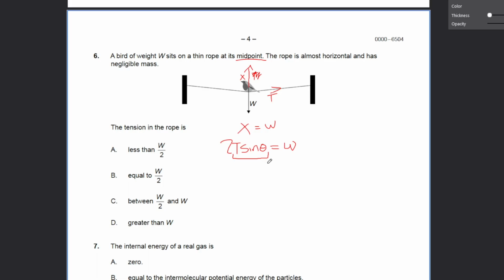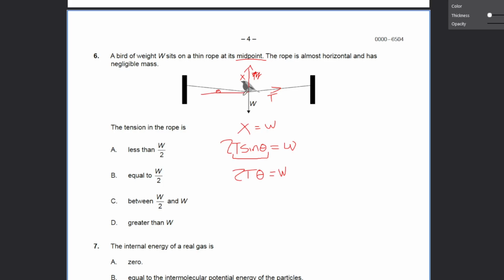Now, for small angles, sine of theta is equal to theta, in radians that is. So I can say that 2T theta is equal to W. W is weight. So let's consider 2 degrees, because this is a very, very small angle here. Let's consider it to be 2 degrees for sake of argument.